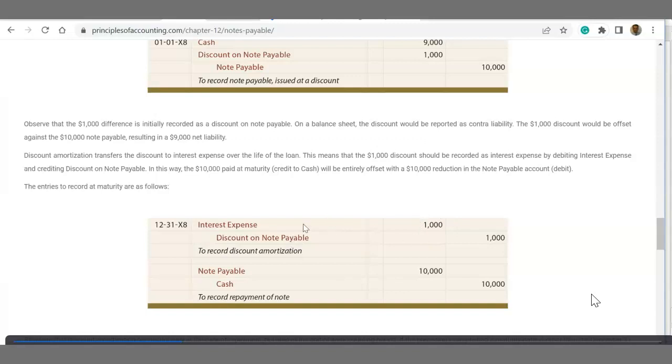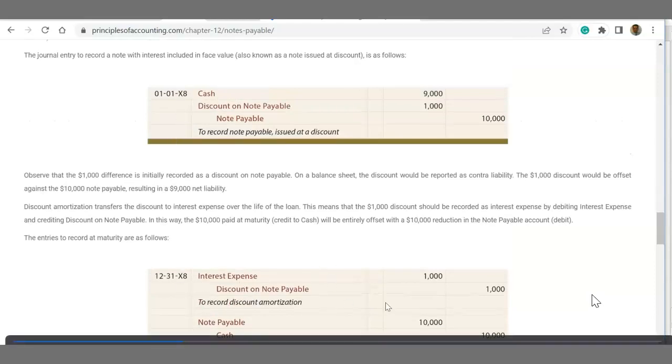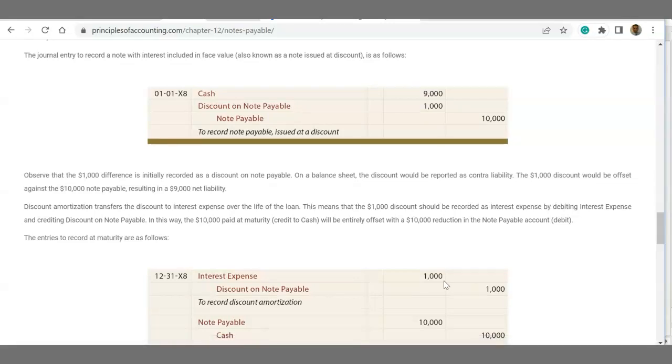Why can you wait 12 months to do this journal entry? Because in between these 12 months, let's say you are not preparing financial statements. If you do prepare financial statements in between, then you have to amortize this discount on note payable ahead of time, on a monthly or quarterly basis. But if no financial statements are necessary within the next 12 months, that's fine.